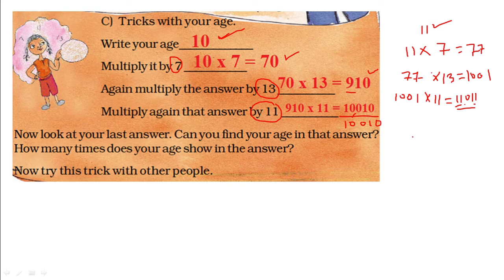It means if age will be 12 years, so what will be the answer? Yes, 12012. If 13 will be the age, what will be the answer? 13013. So isn't it fun with the multiplication? Yes, we can find it with the pattern only.